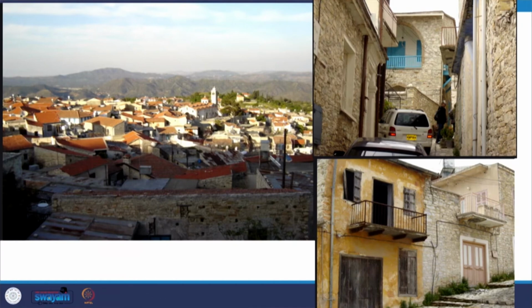And when it comes to the design aspects, or when we look at how stone is perceived from a larger context, when we were studying in Lefkara, we encountered that the whole historic core is completely built with stone, whether it is local houses, restaurants, or public buildings, anything. Even the roads are paved with stone.